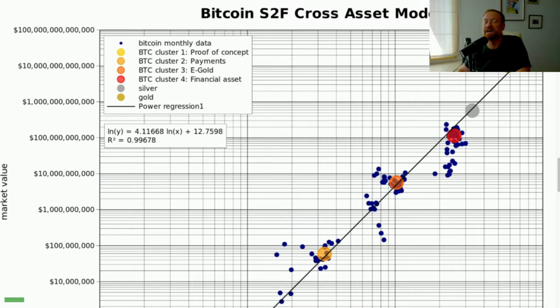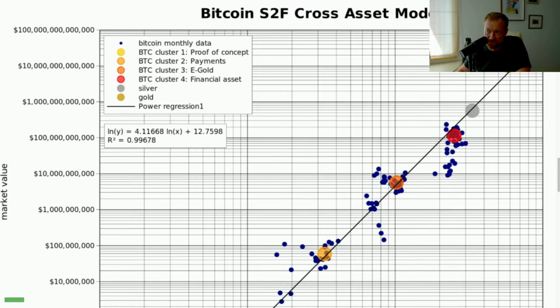Why would this have anything to do with the value of Bitcoin, whose stock to flow changes all the time? Bitcoin stock to flow changes. See, it changes. Gold does not. I need arrows on this example.